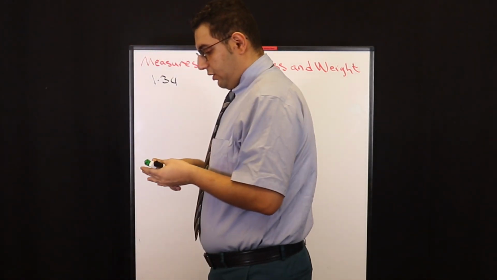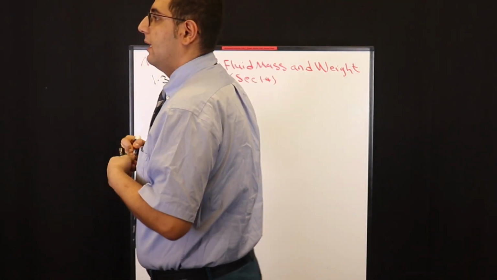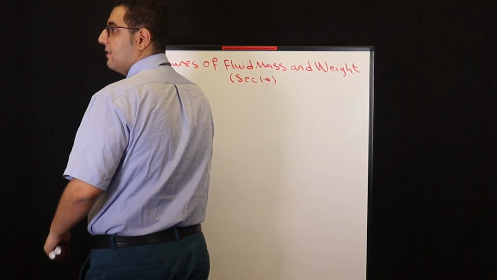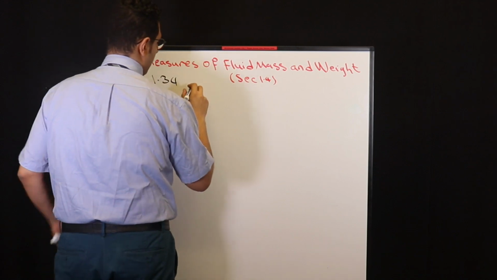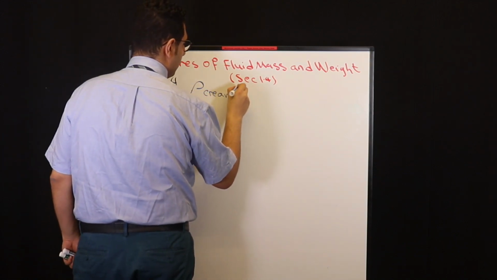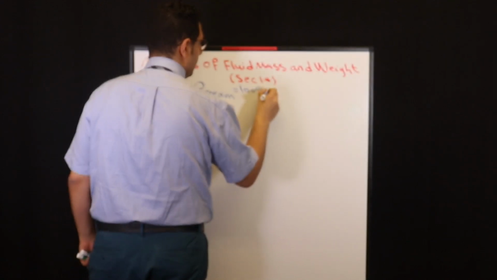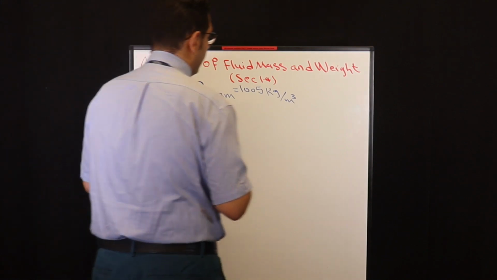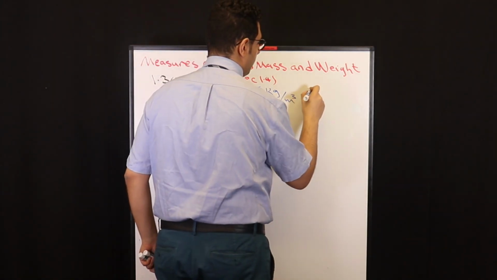In the first question, we have a cup having cream in it with the density of cream equal to 1005 kilogram per cubic meter, which we're gonna pour into 3 cups.